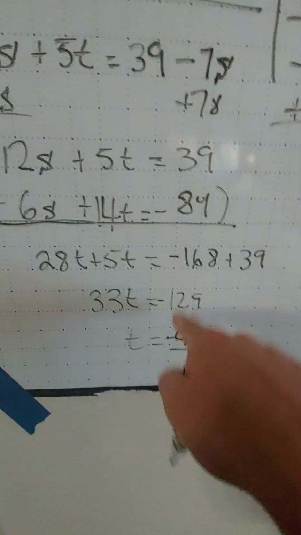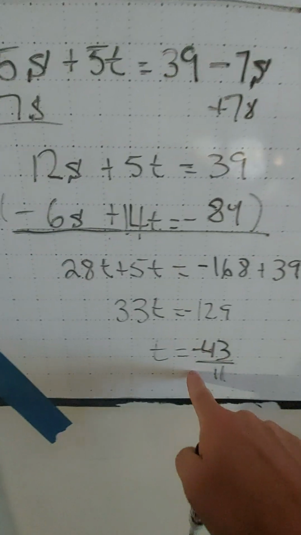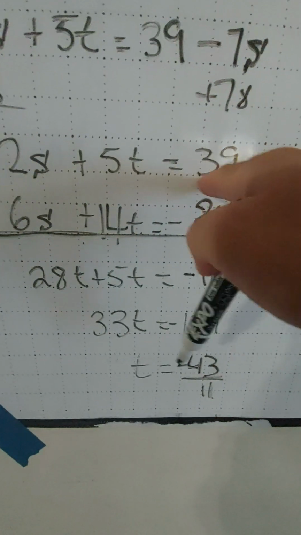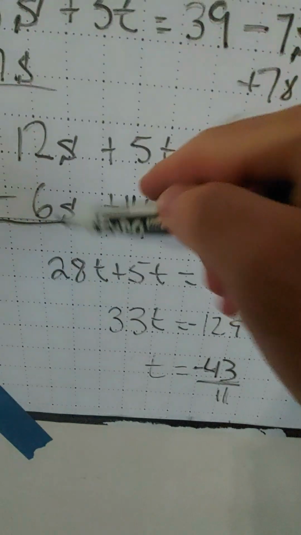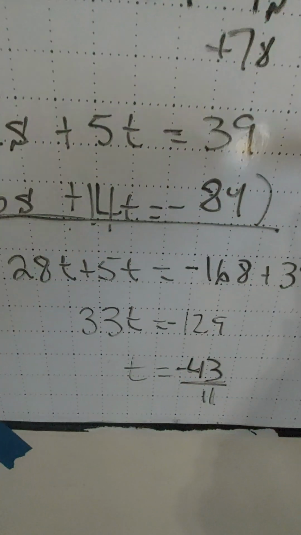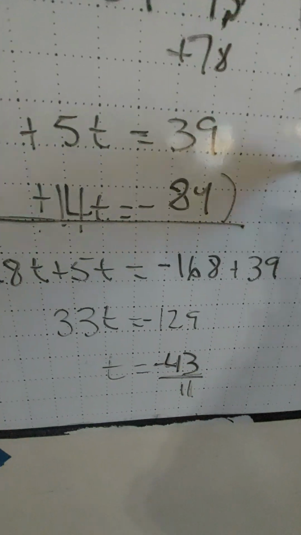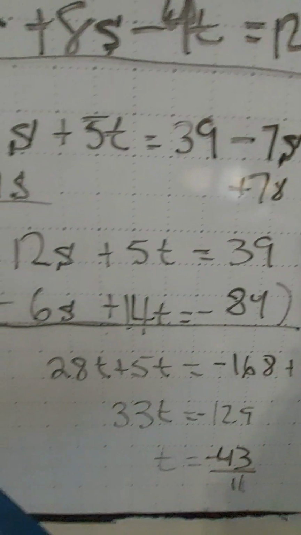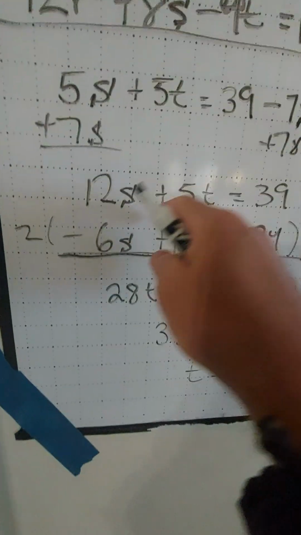So I would take this value of t and plug it in here, multiply it by 5, move that over to combine the like terms, and then divide by 12. Again, if my marker was working, that would be super helpful. However, it seems to be dead at this point. So that would give me my value for s.